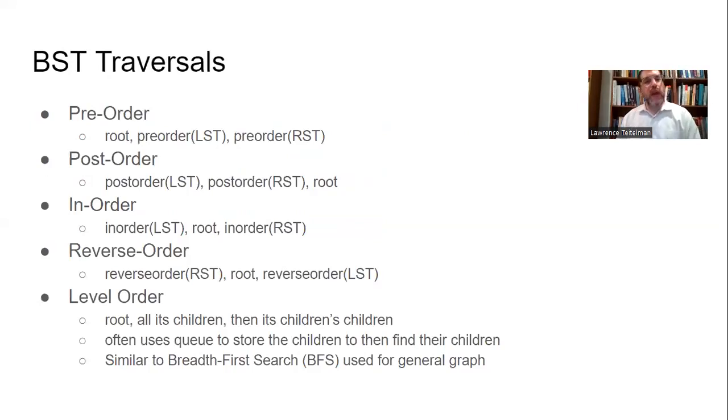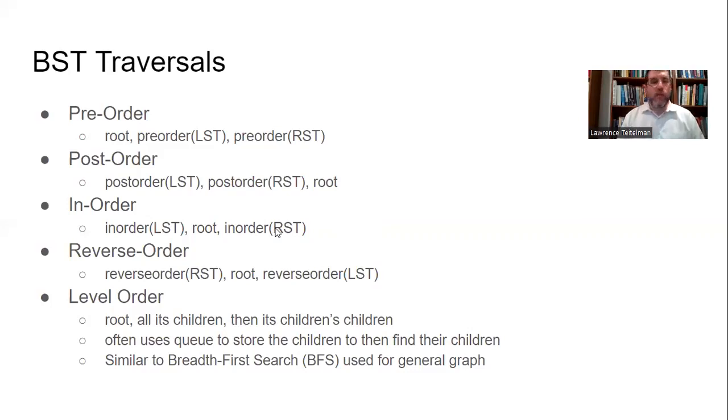But before we go on to that, we'll talk about a few traversal algorithms. The one traversal algorithm we already mentioned in this class was an in-order traversal. An in-order traversal means we recursively call in order on the left subtree, then we visit or print out the key at the root, and then we perform in order on the right subtree.